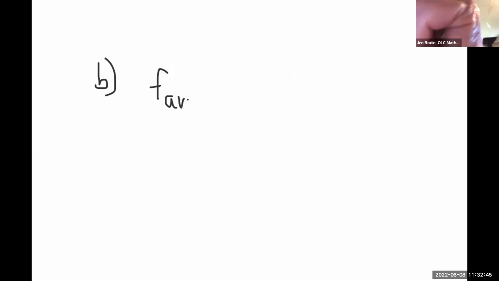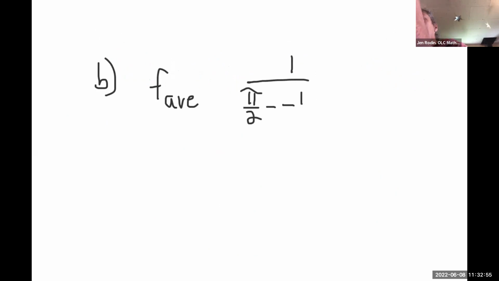Okay, then B, how about, maybe I'll just set this one up. So the average value of this one would be 1 over pi over 2 minus negative pi over 2 of the integral of 3 cosine x dx.